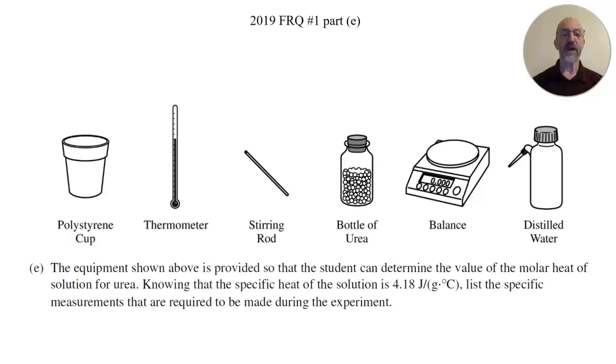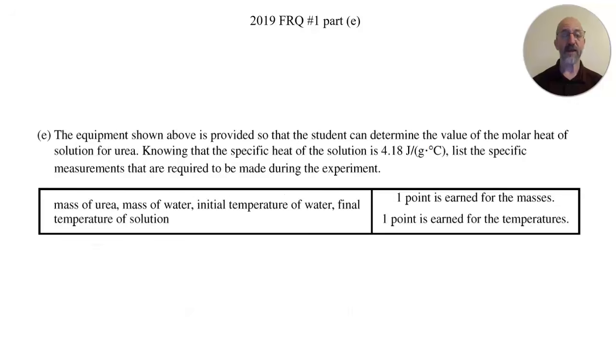Now, in 2019, there was a procedural question where the students had to list the specific measurements that are required for enthalpy of solution. And the answer to 2019 FRQ number 1, part E, was you have to measure the mass of the solid, the mass of the water, the initial temperature of the water, and the final temperature of the solution.